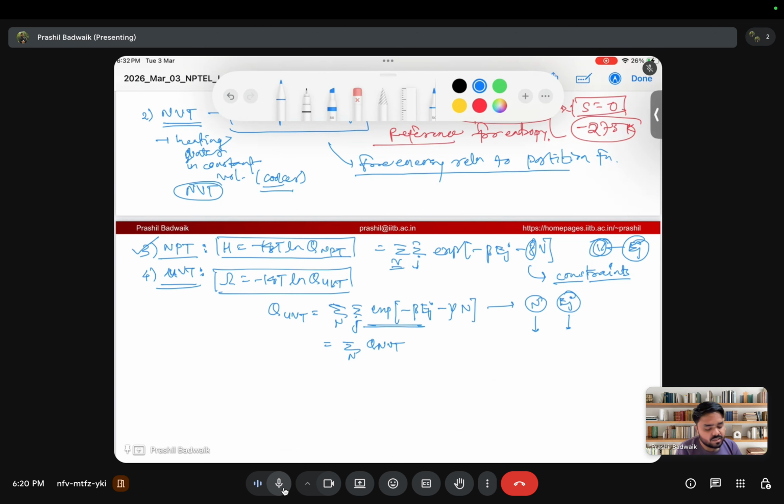One is energy change, other is the number of molecule change. So the energy change is happening over here, NVT, that's where the temperature is constant, and that particular value is for a given N. So we are just summing it over different N values, and here you will find out that gamma is equal to beta into mu.